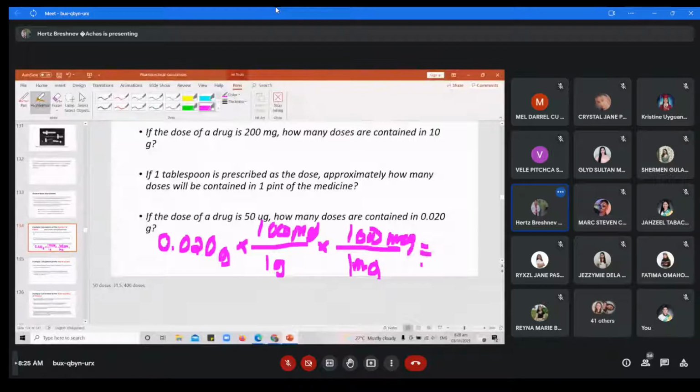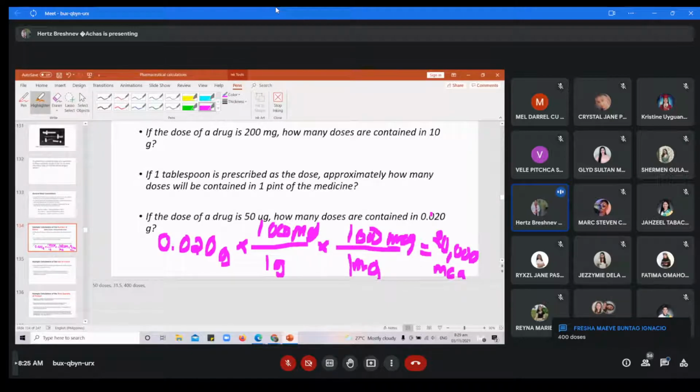No? So let's proceed. 0.020 times 1,000 times 1,000. So we have 20,000 mcg or micrograms.